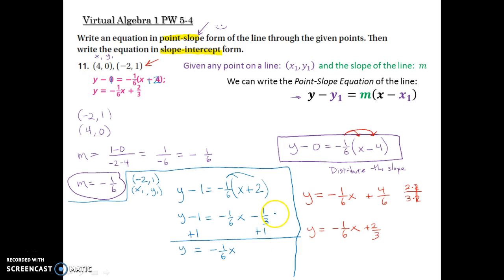Well, 1 is 3/3, right? 3/3 is 1. So negative 1/3 plus 3/3 is 2/3. You see how we end up with the same slope-intercept equation, regardless of what point we picked to do our point slope.